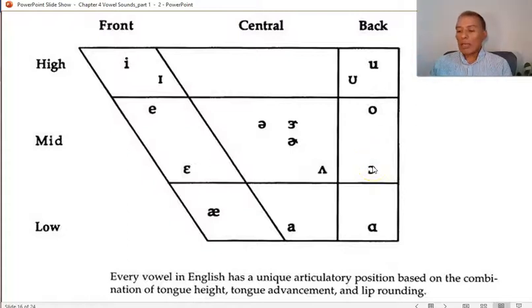I mean, not many Americans are using it, but it is found in words like when you say thought, caught, and fought. That most of the American speakers replace it with like say Cape Cod becomes Cape Cod. So that's the older way of making the O sound.